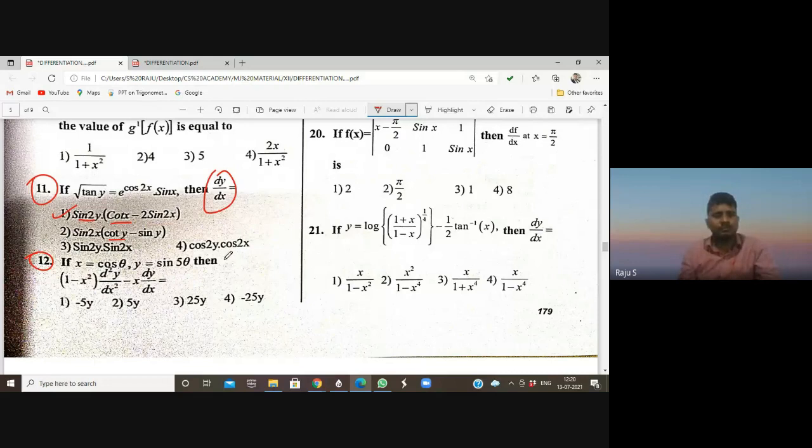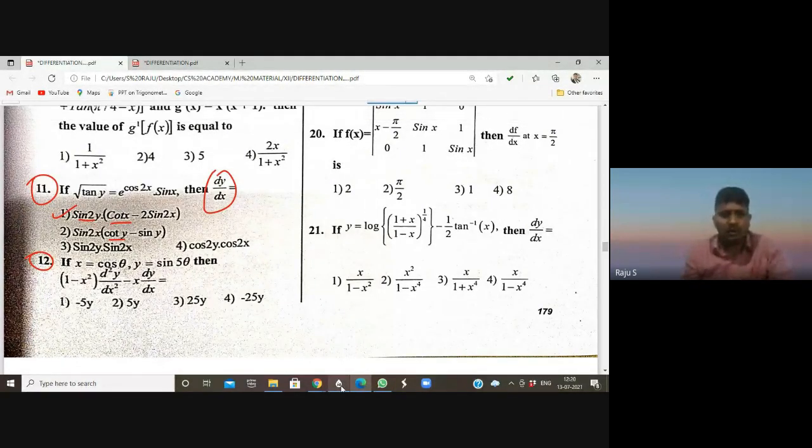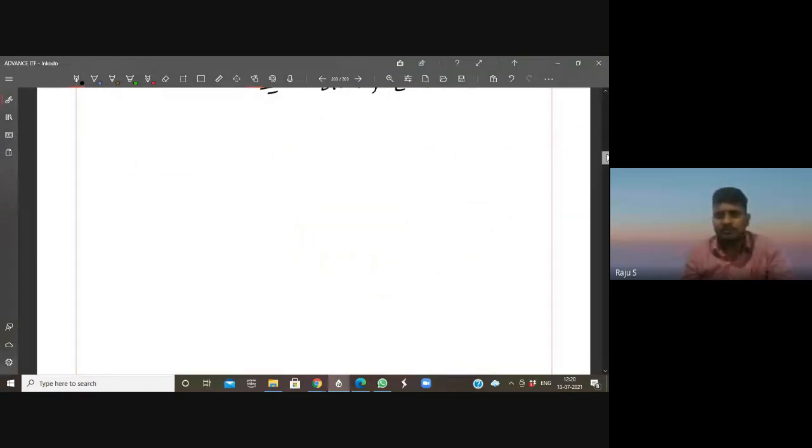Here, first find, parametric equations are given. X is equal to cos theta, y is equal to sin 5 theta. Sorry, not 5. Sin 5 theta.